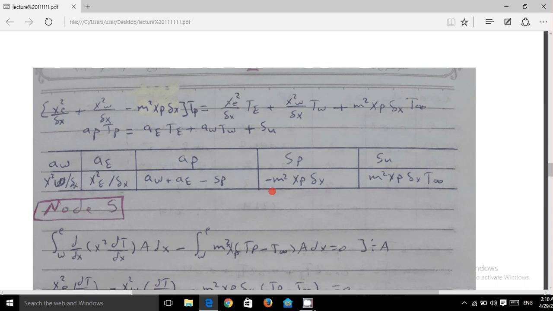You should pay attention to the sign, because S_P has a negative sign, and when you substitute it in a_P it converts to positive, because you multiply a negative sign with a negative sign. The source term is equal to m squared x_P delta x T infinity.